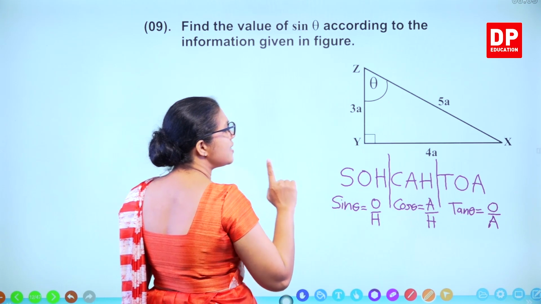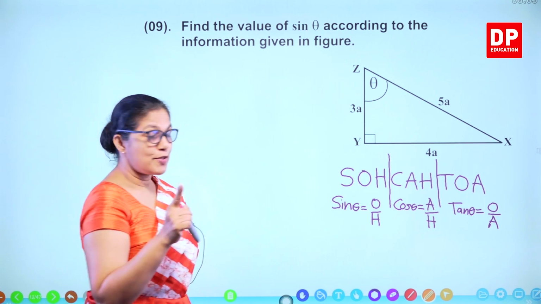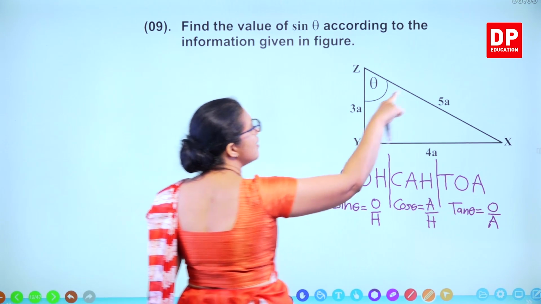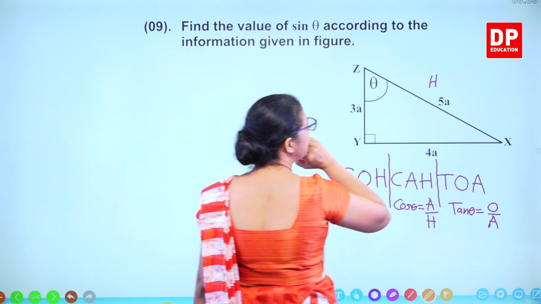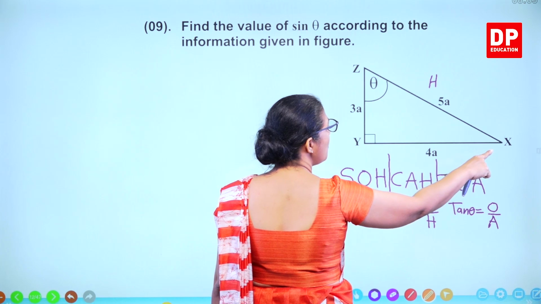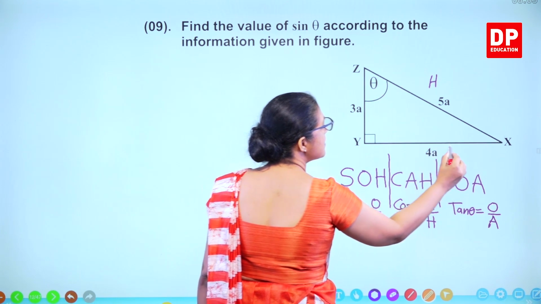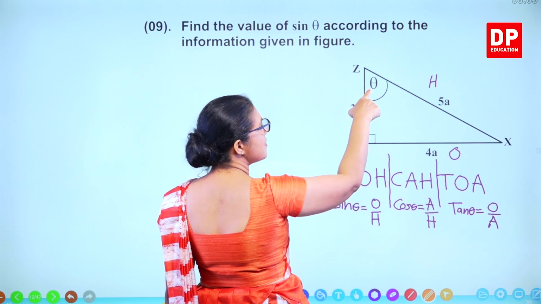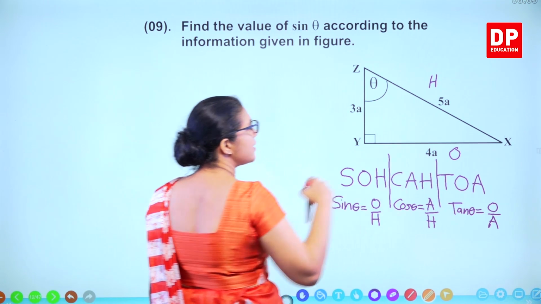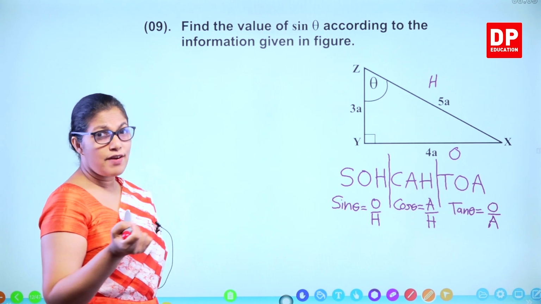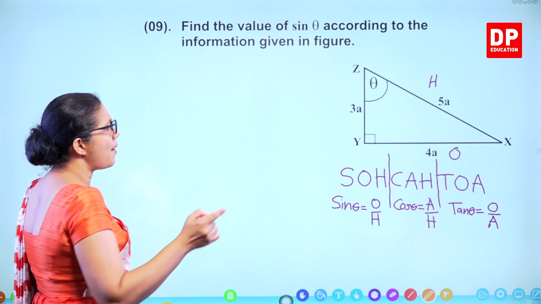So how do you identify the hypotenuse? Opposite to 90 degrees is always the hypotenuse. And we need the side opposite to the angle. This is the angle given. Opposite to that is here. We need the sine ratio, so opposite and hypotenuse.